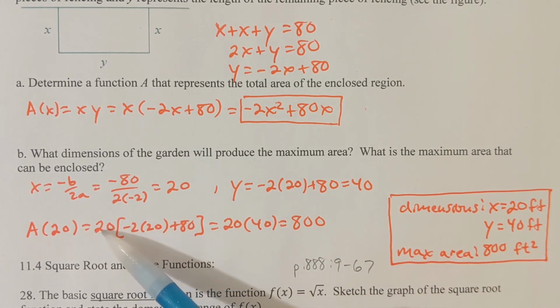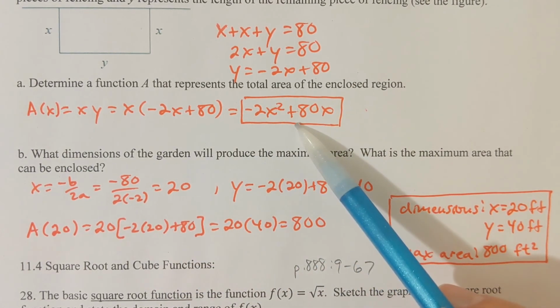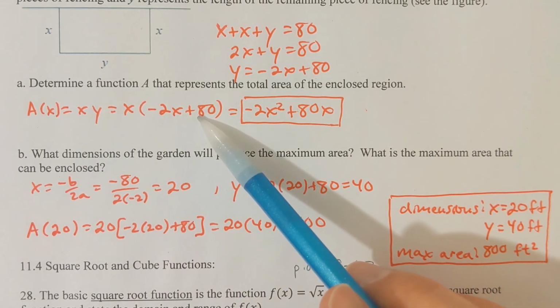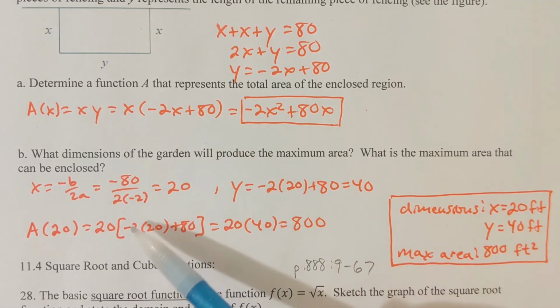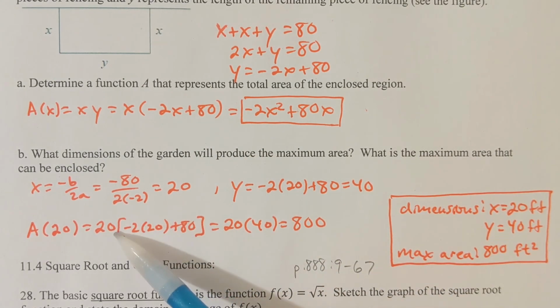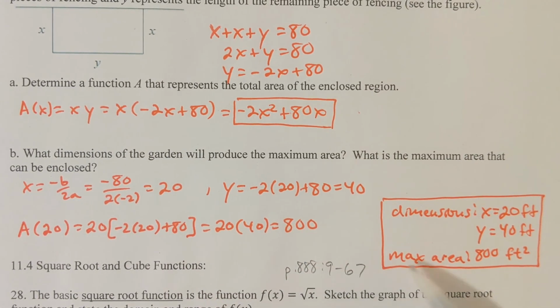You could also plug 20 into this function here that is just in terms of x. And I guess I've plugged it into the unsimplified form. Okay, negative 2 times 20 is negative 40, plus 80 is 40. 40 times 20, well, that's the same as x times y, right? 800 square feet.